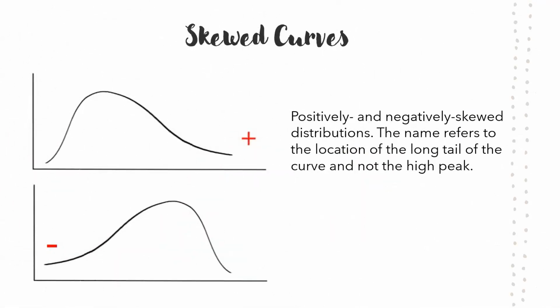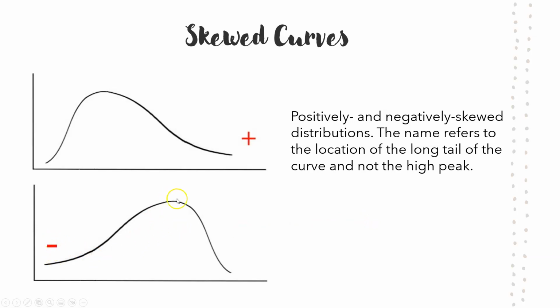Now, let's look at a skewed curve, because that's what you're going to find in teacher-made tests. You will see histograms, as they're called, showing your student results. Positively skewed and negatively skewed refer to where the tail is. So this is positively skewed and this is negatively skewed. A teacher-made test will be negatively skewed.